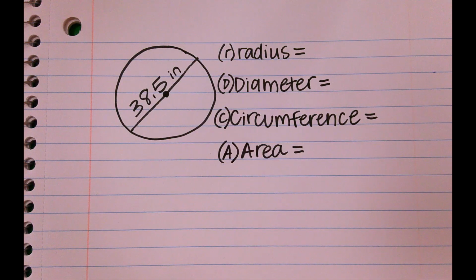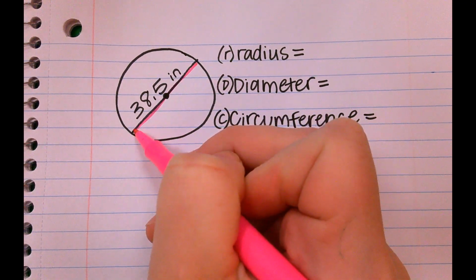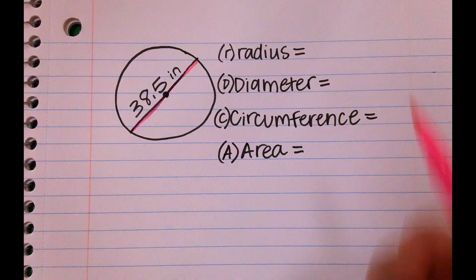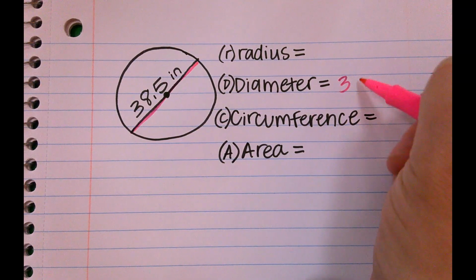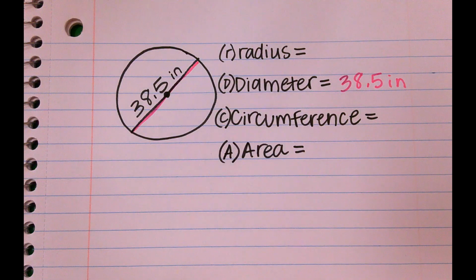But looking at this problem, what do we already know? We already know that diameter is 38.5. Yes, diameter is what we've been given. We've been given the length all the way across. So I know that is 38.5 inches. Perfect.